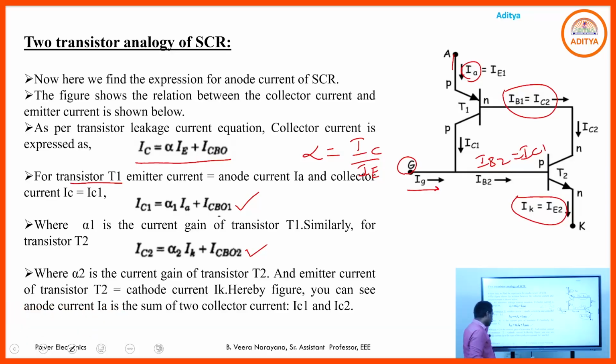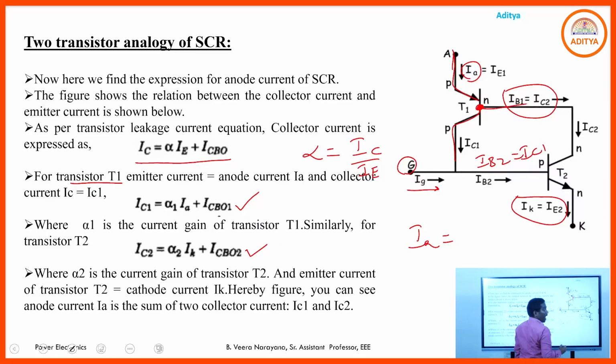Here we see that the anode current is the sum of two collector currents. By applying KCL, Kirchhoff's current law, at this junction, the sum of entering currents is equal to the sum of leaving currents. What is the entering current here? Anode current. So IA is equal to, what are the outgoing currents?